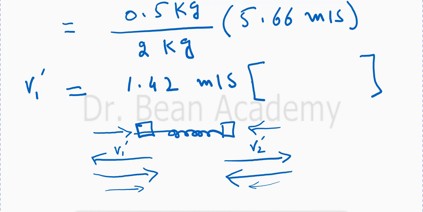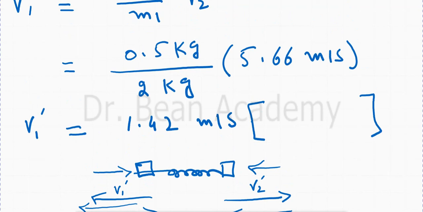Also remember that their directions will change, because when the spring is expanding, v2 prime is towards the right and v1 prime is towards the left, and when the spring is compressing, the direction of v2 prime is now towards the left and the direction of v1 prime is towards the right. So their directions are always changing, but they will remain opposite at every time.